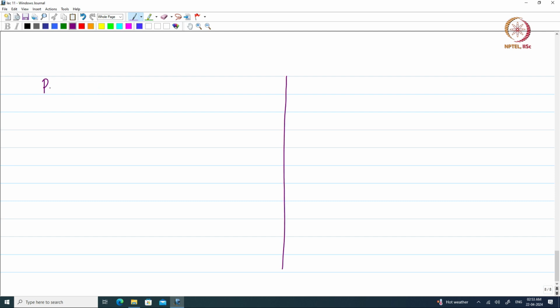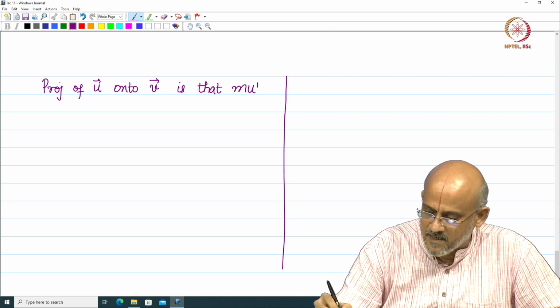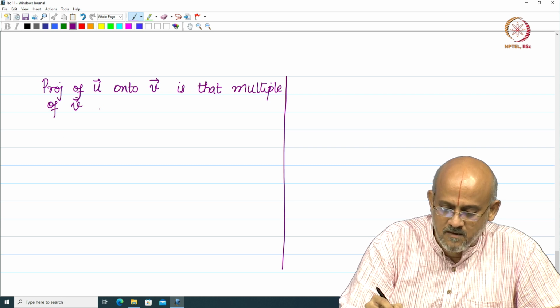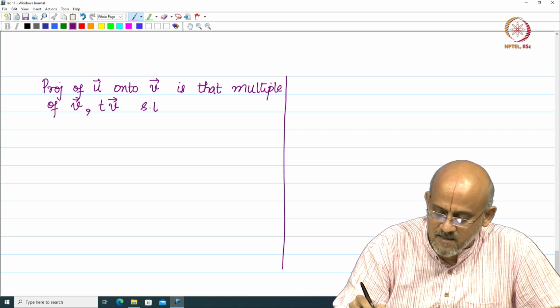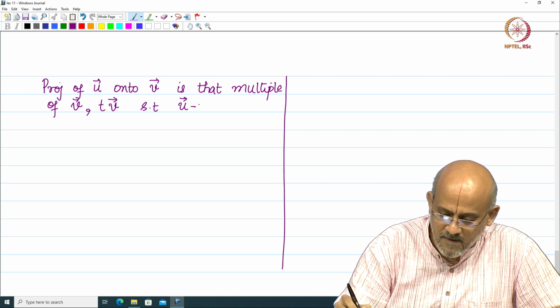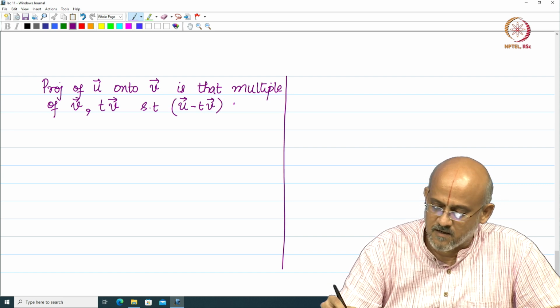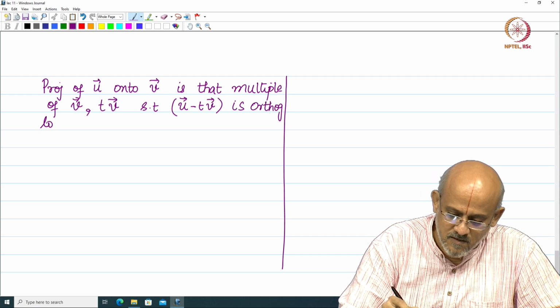The projection of the vector u onto v is a multiple of v, let us say t v, where t is a scalar, such that u minus t v is orthogonal to the vector v.